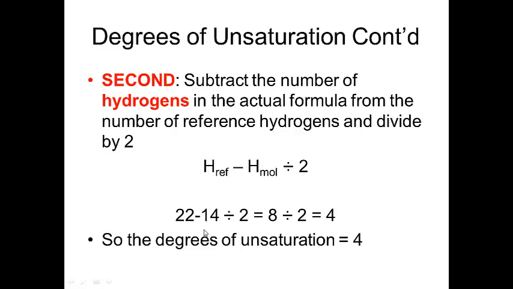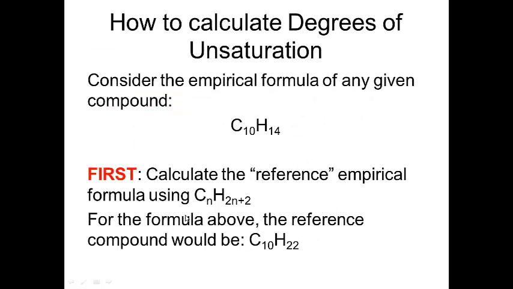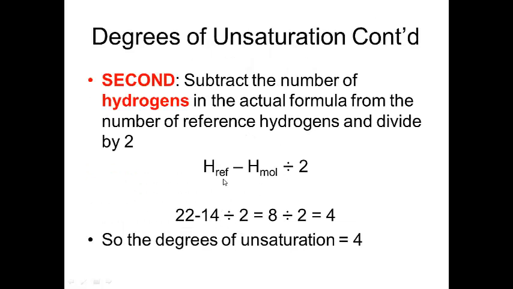From the previous slide, H reference is 22, and the actual number of hydrogens is 14. So it's H reference minus H molecule, divided by 2. That's how we calculate the degrees of unsaturation. So 22 minus 14 is 8. If we divide that by 2, this particular compound has 4 degrees of unsaturation.